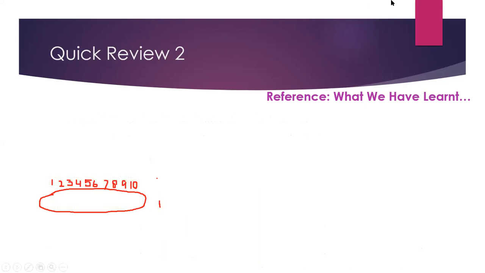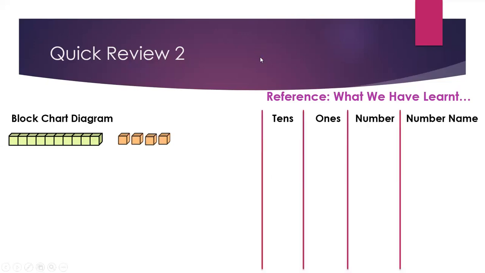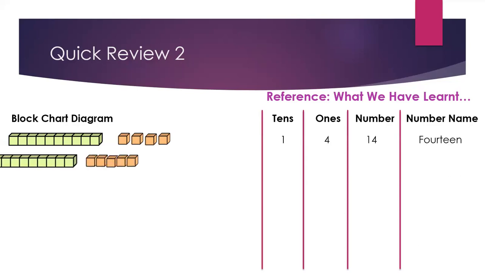Let me clear this annotation here so that you can see much better the coming slides. Here we are having, similarly we are having one tens of four ones representing the number 14, 14. And next, one tens of five ones.